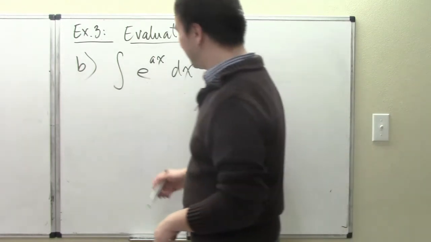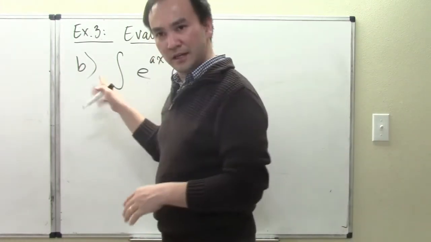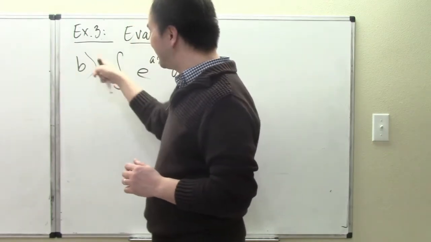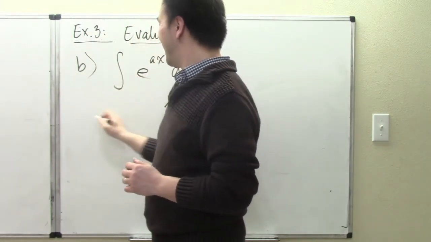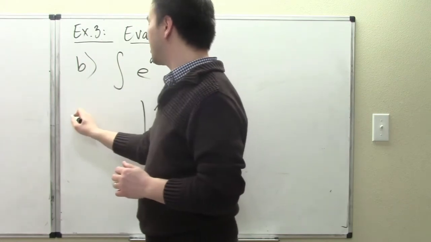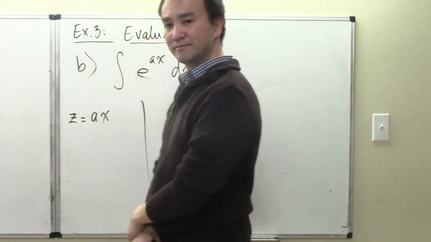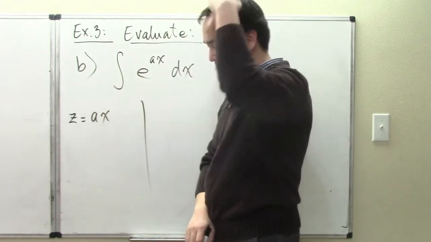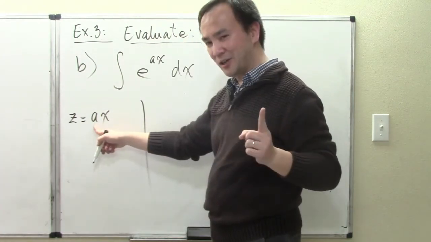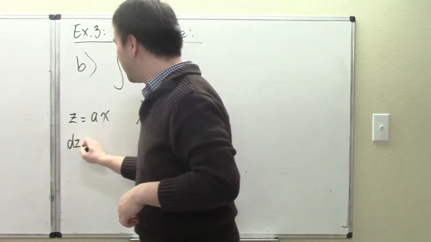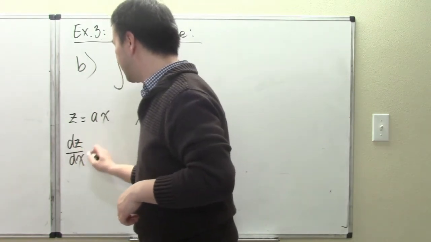Okay, so this is how I see it. In that same experience I've had with that earlier example, part A, earlier question in the same example, I can now make a substitution. How about let's call that z equals ax. Keep in mind for yourself that a is a constant coefficient and x is the main variable. So dz dx is just simply a.